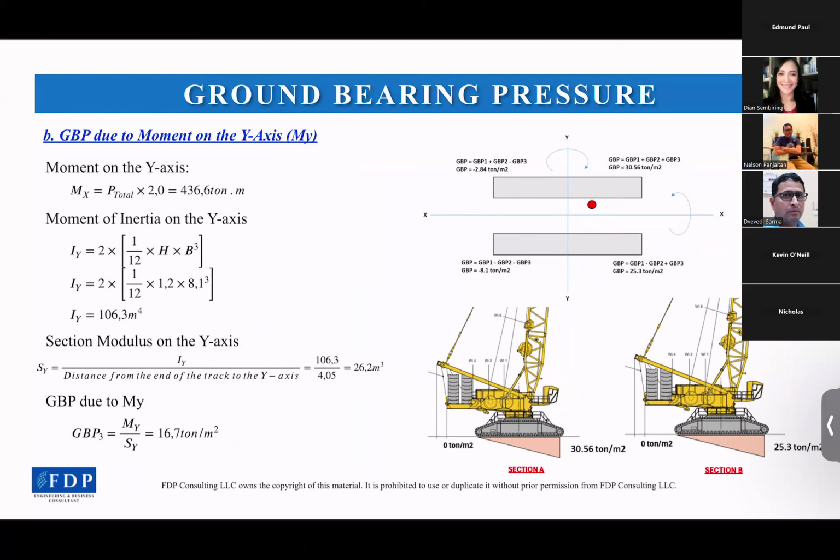I just want to ask, what if we don't know the ground bearing capacity or ground bearing pressure of the location, like soil or asphalt pavement, something like that? How can we identify it? We could simply just hire soil testing.